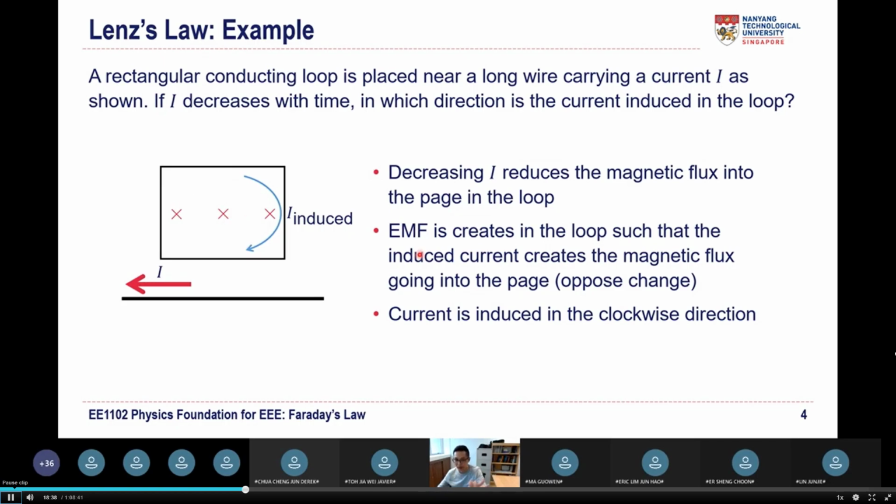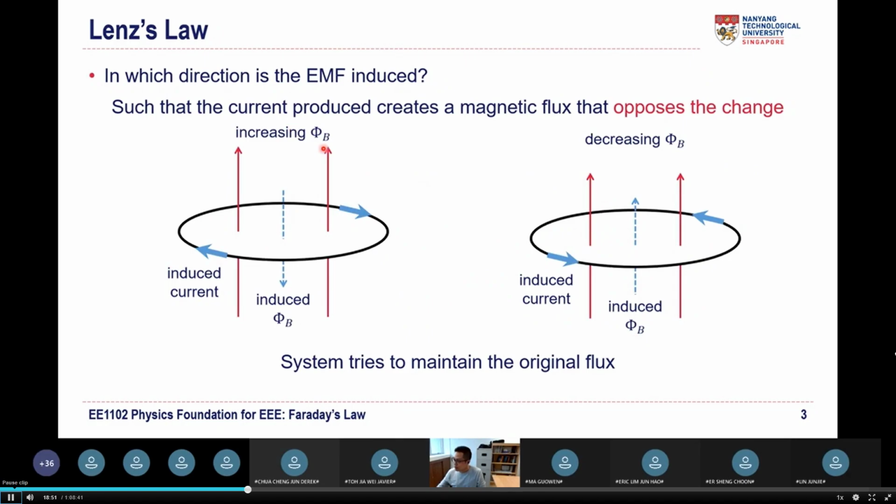Okay. So I hope you get the idea this way. So I have written it down, so you can take a look at that if you are still confused. What's very important is the change in magnetic flux. That's the important bit. It's not actually which direction the magnetic field is now. The important thing is in which direction the magnetic field is changing.